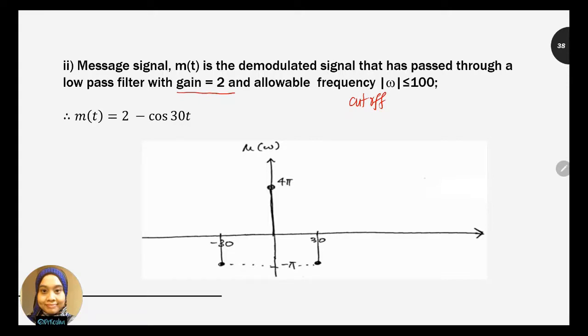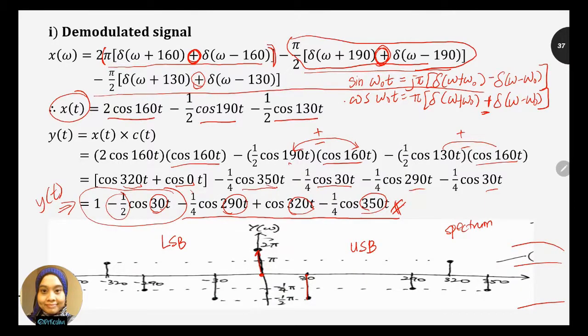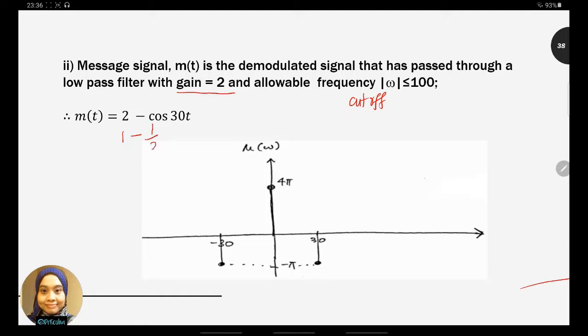But in y(t) it is actually 1 minus half cos 30t. And how come this m(t) becomes 2 minus cos 30t? You just need to eliminate this half in the equation, and this becomes 2. That's why the m(t) becomes this equation.